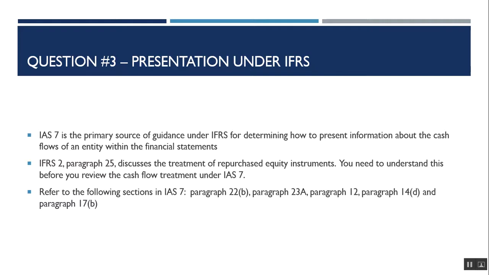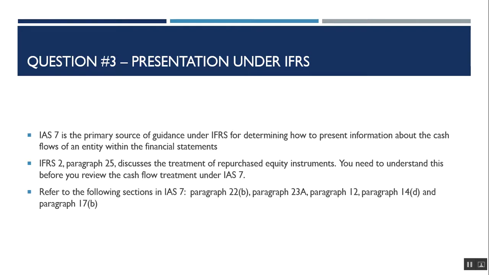I don't mean similar as in they say the same thing. I mean similar as in the guidance that's provided there, the IFRS equivalent would be found in IFRS 2, paragraph 25. Once you understand that, you would then refer to the following sections in IAS 7 to understand how to present the information in the cash flow statement.